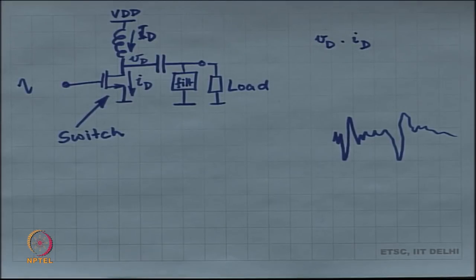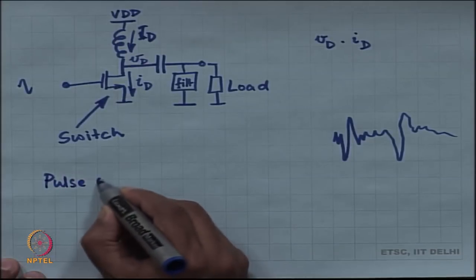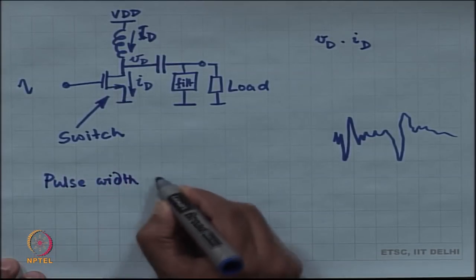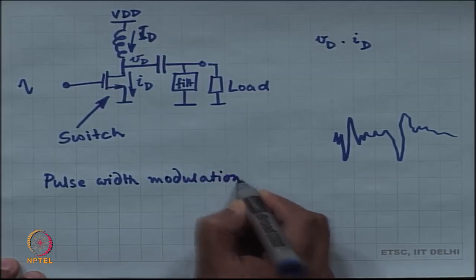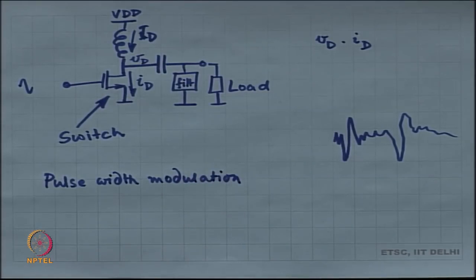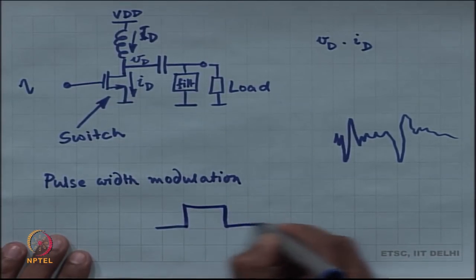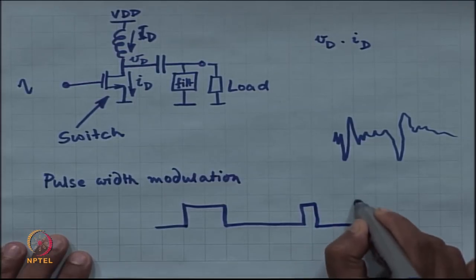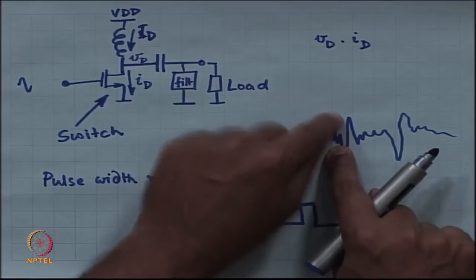What is pulse width modulation? Here it is a square wave, where the width of the pulse is proportional to the signal amplitude.